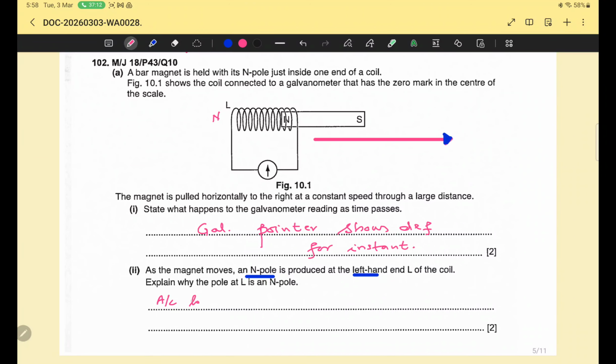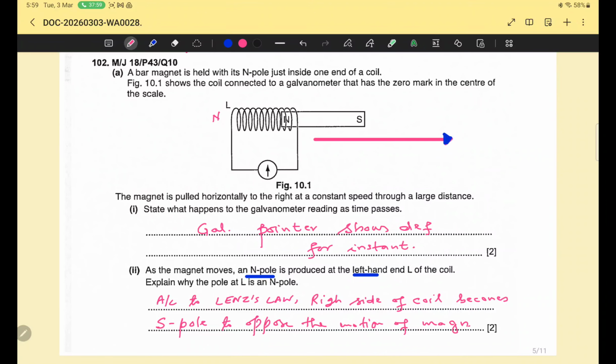According to Lenz's law, the right side of the coil becomes south pole to oppose the motion of the magnet.